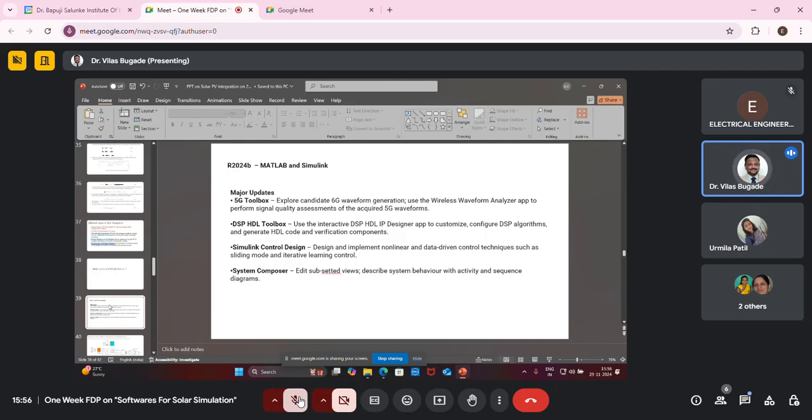The DSP, digital signal processing, IP designer app customizes algorithms and generates the code for communicating while interfacing. There are also verification components in simulation, such as simulating control design and implementing non-linear and data-driven control techniques such as sliding mode and iterative learning control. The fourth one was the System Composer, which has subsetted views describing system behavior with activity and sequence diagrams. So this was the latest.